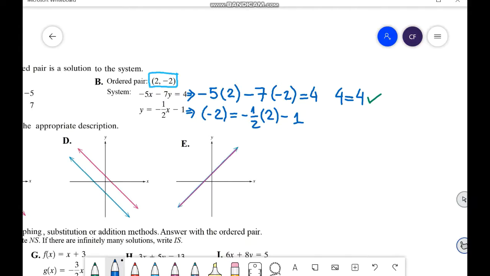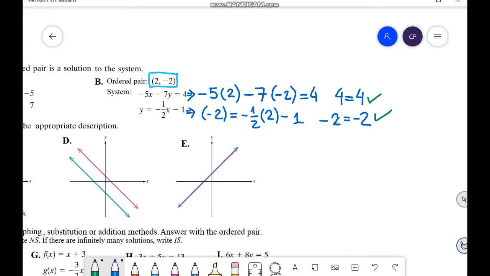Negative 1 minus 1, negative 2. That means negative 2 equals negative 2. Is this true or false? True, right? Thank you, Kalia.